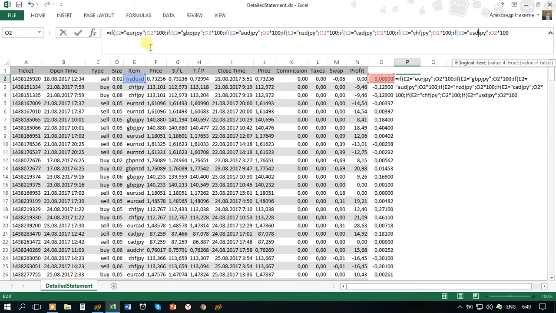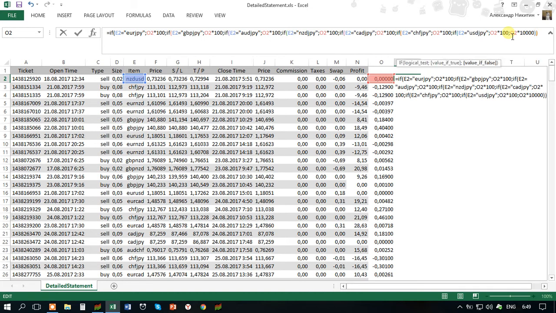Okay. Euro yen? No. Maybe pound yen? No. Maybe Aussie yen? No. Maybe New Zealand yen? No. Maybe Canadian yen? No. Maybe CHF yen? No. Maybe dollar yen? No. Okay, I don't have any pairs left, so what am I to do? In this case, I multiply it by 10,000, for 5 digits. Okay, I have to close all those brackets.